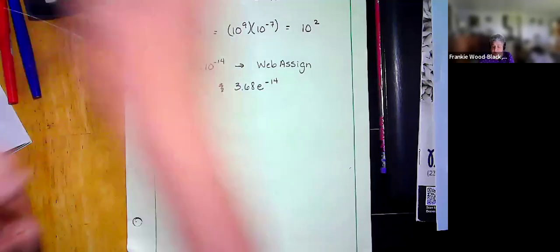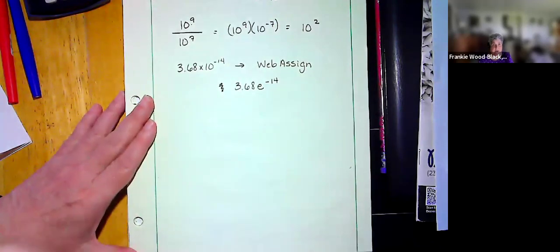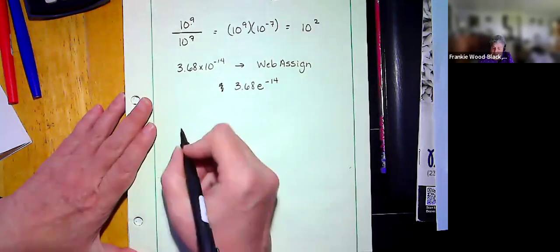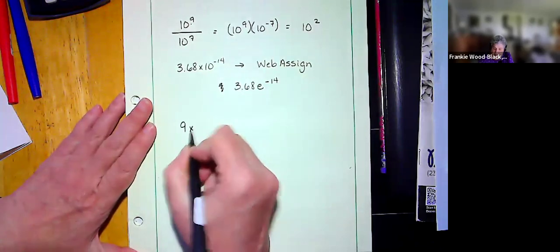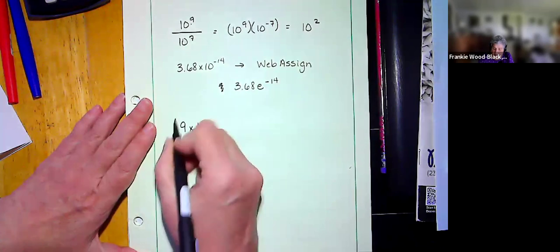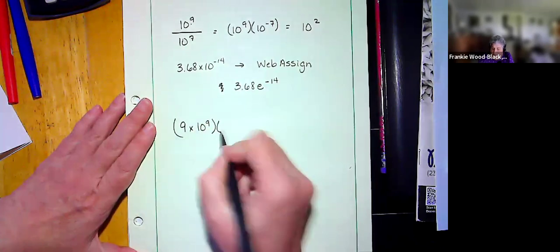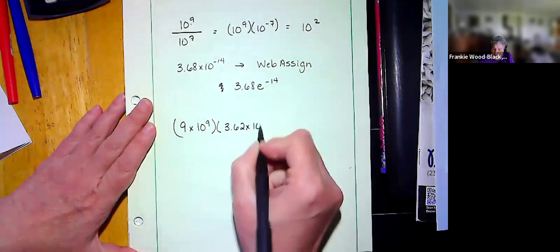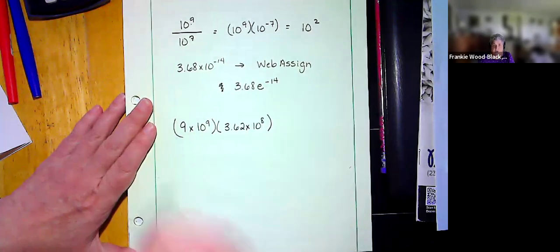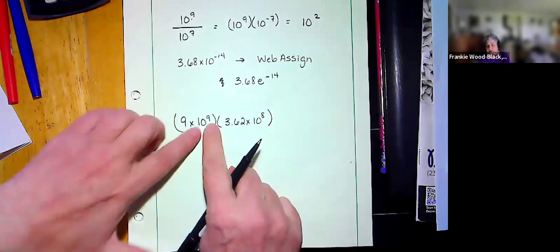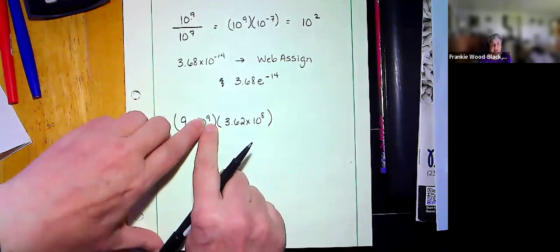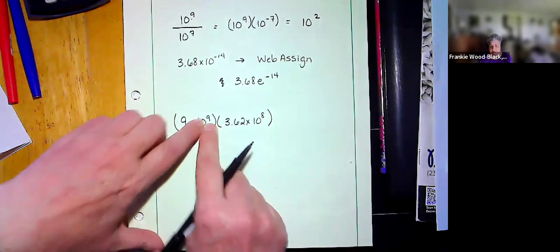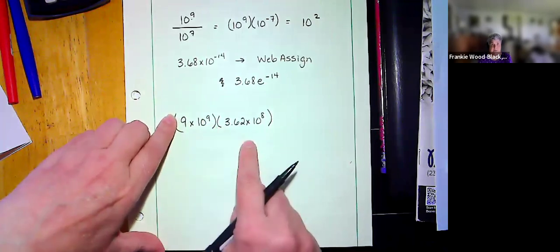Because what some of you are going to end up doing using one of the other calculators is, if I take a number that's 9 times 10 to the 9th, and I'm going to multiply it by 3.62 times 10 to the 8th, you might enter it into the calculator and you're multiplying this exponent, not these two numbers.